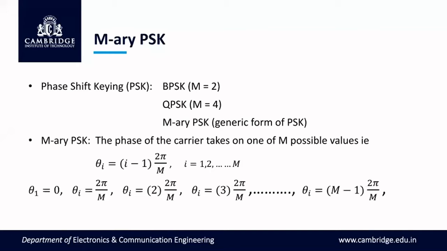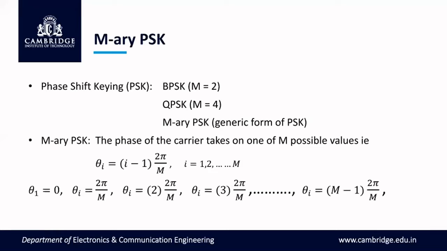Since frequency is not changing from symbol to symbol, this PSK modulation technique is called a linear modulation technique. Linear, because the frequency is the same for all the symbols. Since the amplitude is the same for all the symbols, at the receiver there is no need to observe the changes in the amplitude, because when the signal is transmitted through the communication channel, noise is added onto the signal.